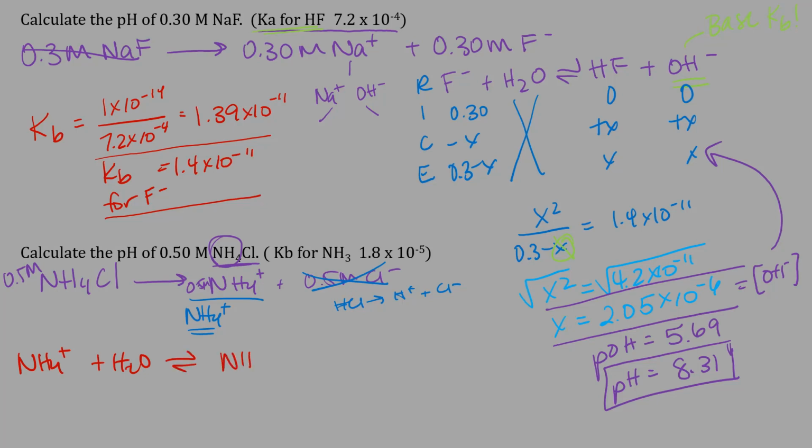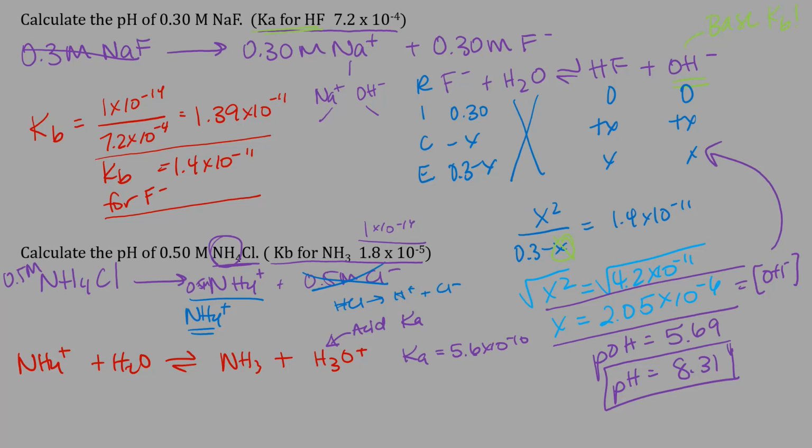So we're going to get NH3 plus hydronium. So since this produces acid, we have to have a Ka, not a Kb, and we have a Kb right here. So I'm going to take 1 times 10 to the negative 14 and divide by that, and my Ka is 5.6 times 10 to the negative 10th.